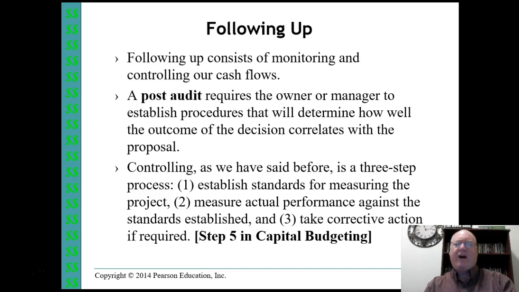As we've talked about before, controlling and managing your business is a 3-step process: establishing standards, measuring your actual against the standards, and then taking corrective action, making any adjustments that are necessary, which is step number 5 in the capital budgeting process itself.